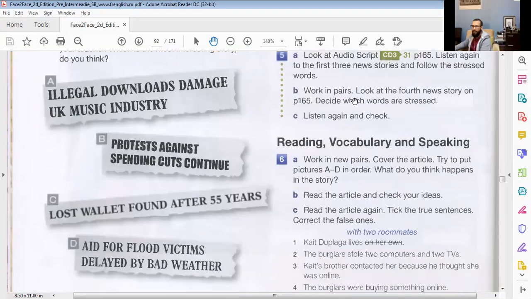What did this number refer to? Which headline do you think? B? Yes, maybe. Okay, I'm going to write your answers. Then we can find out.